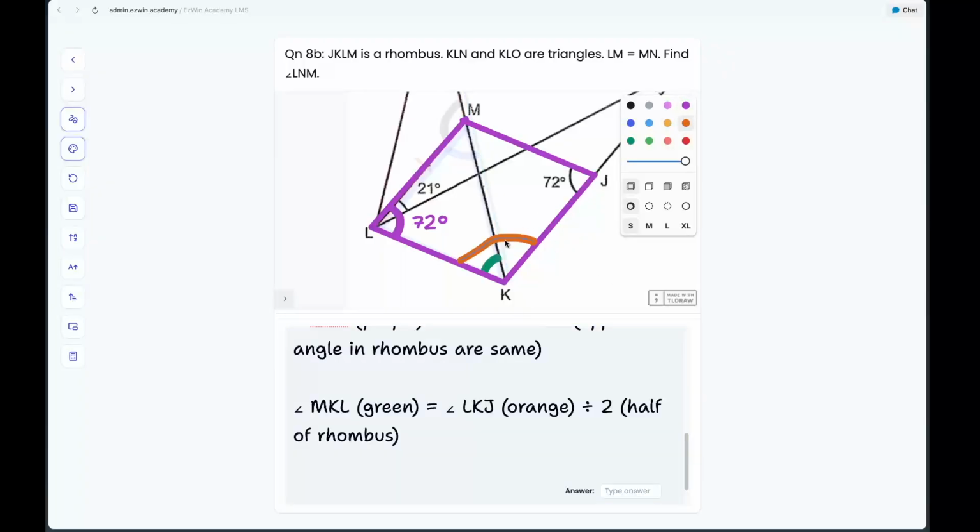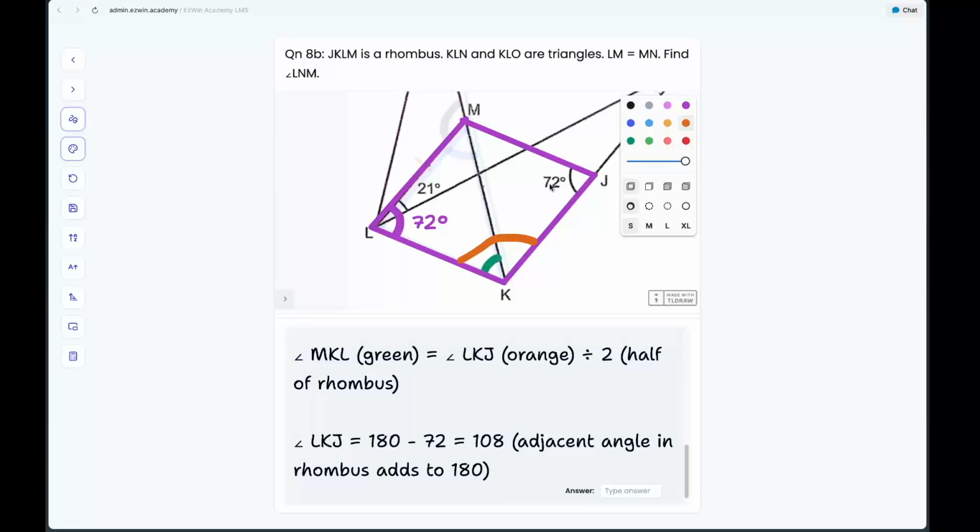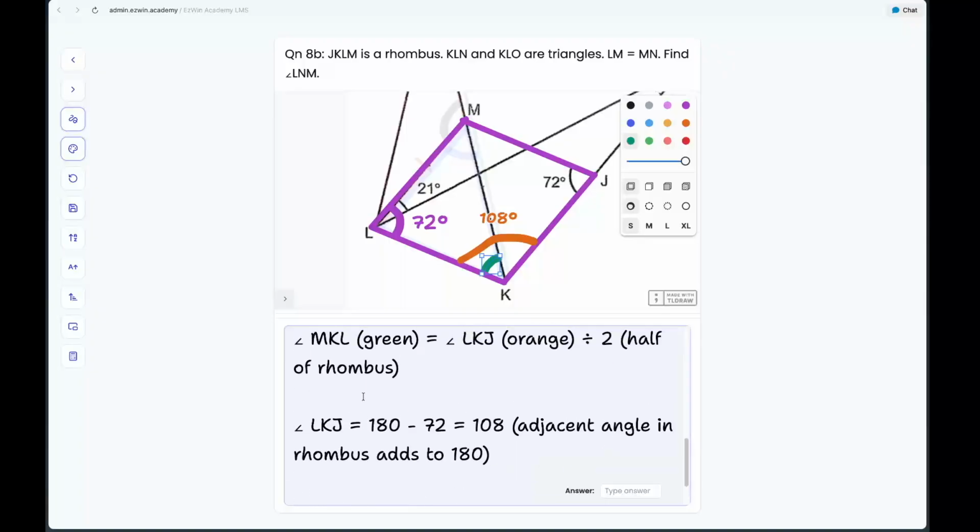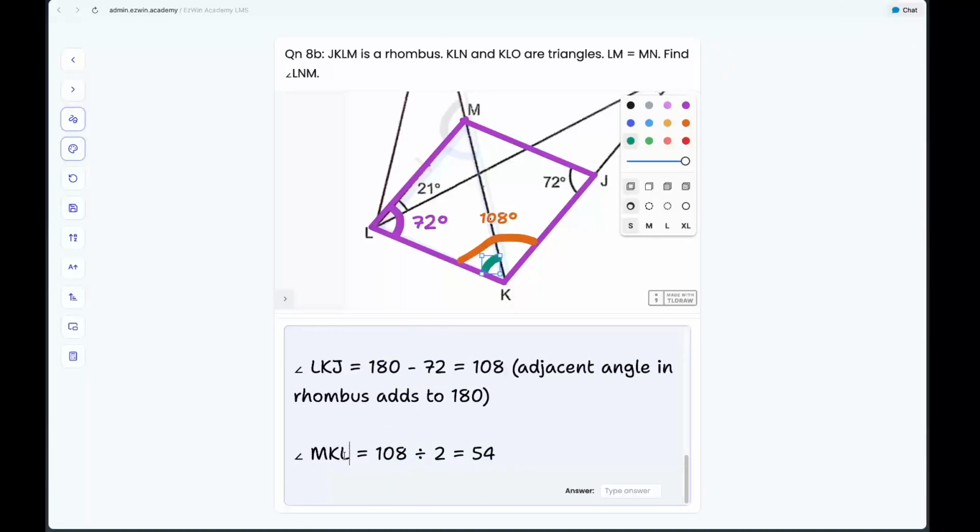Since this is a rhombus, angle LKJ is basically just 180 minus 72, which is the adjacent angle. And this will give us 108 degrees. With that, we can divide this by 2. So MKL is half, right? MKL is the green angle divided by 2. And this will give us 54 degrees.